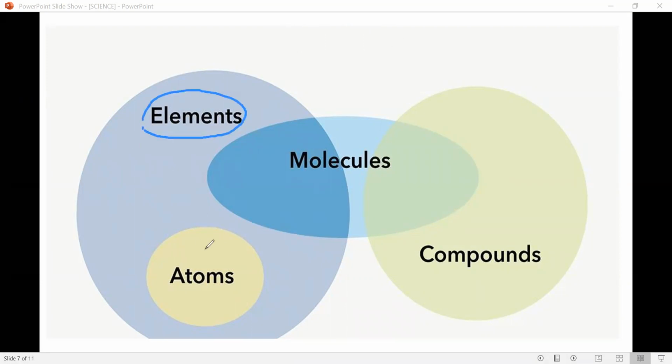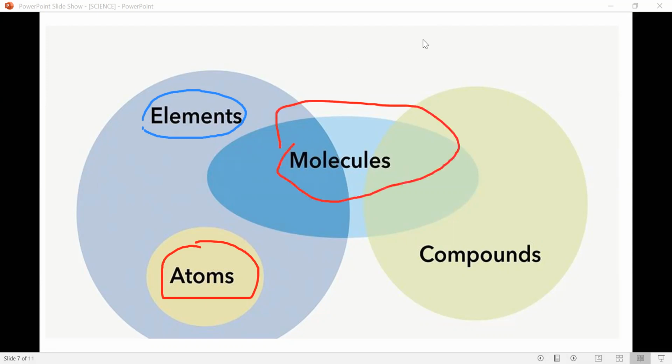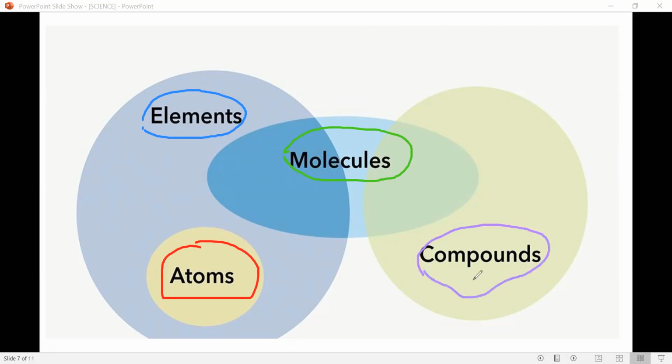I will use red color for atoms and green color for molecules. And I will also use purple color for the compounds.